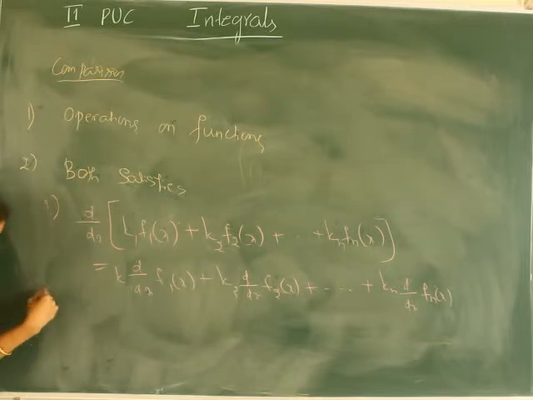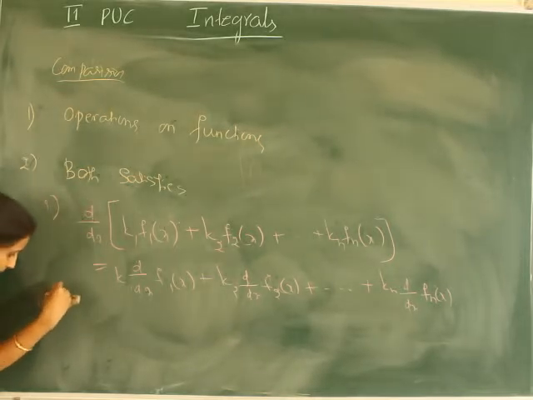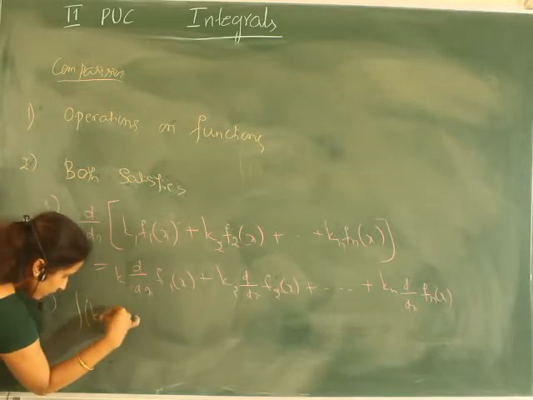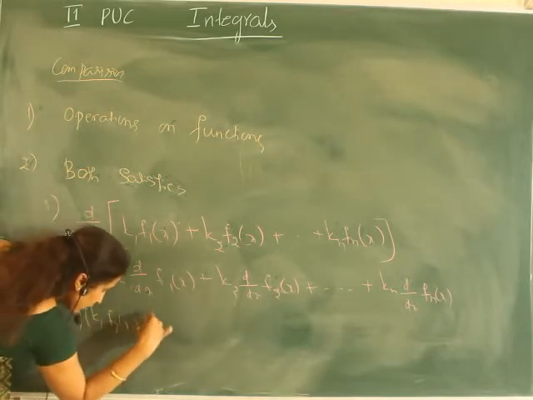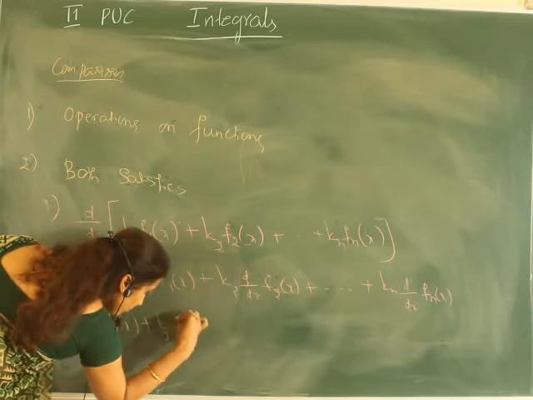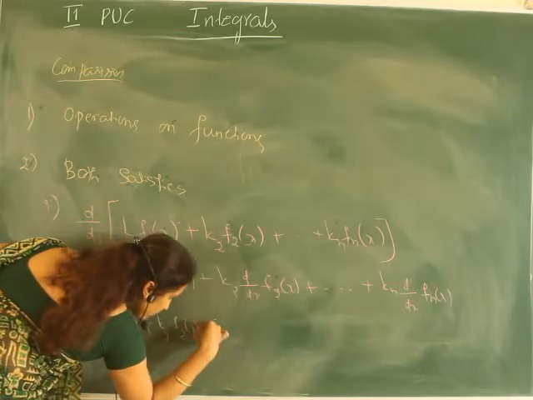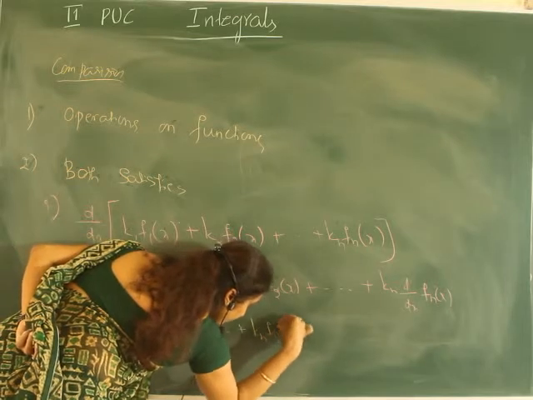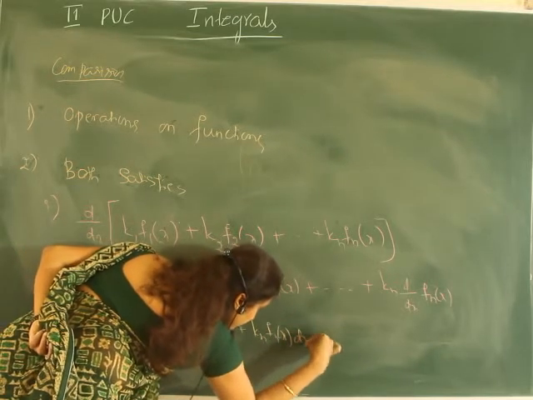For integration I can write it as the integral of k1 f1 of x plus k2 f2 of x, and so on up to kn fn of x dx.